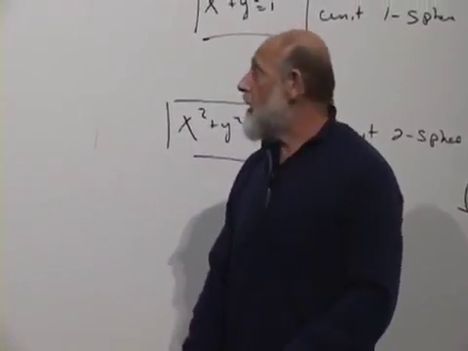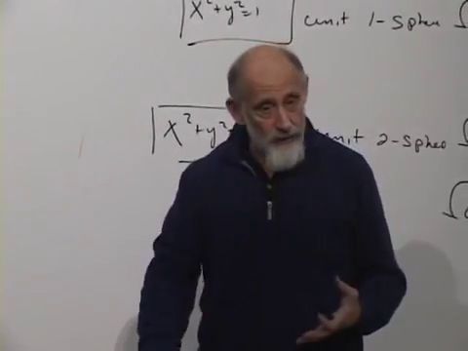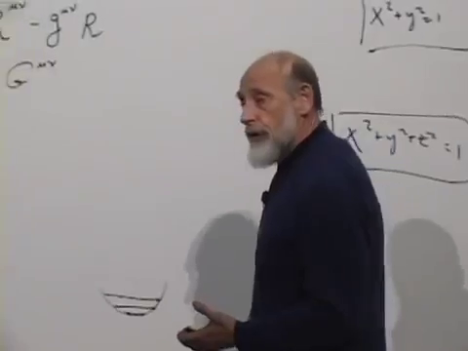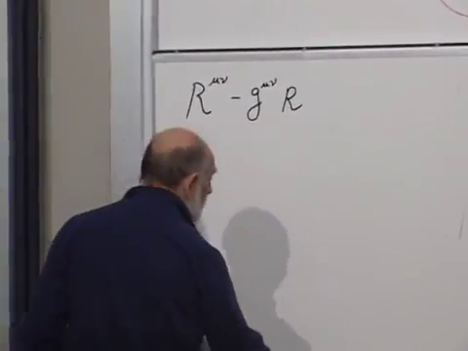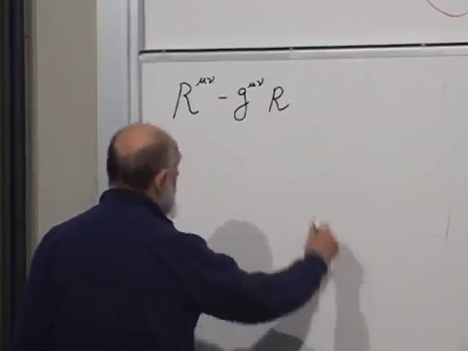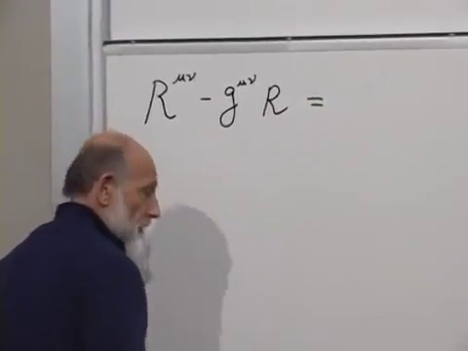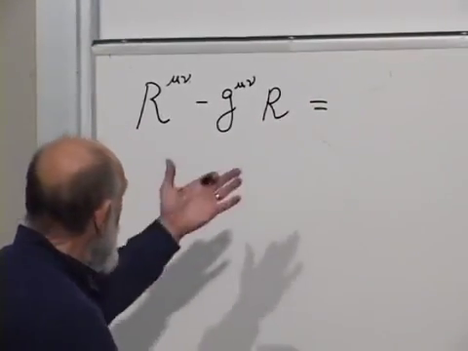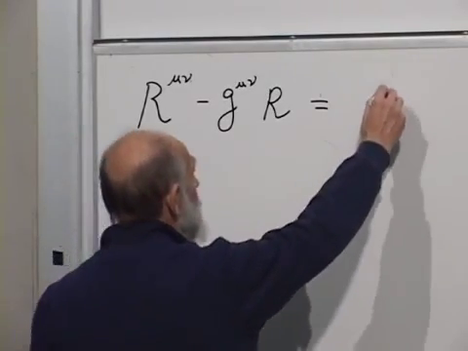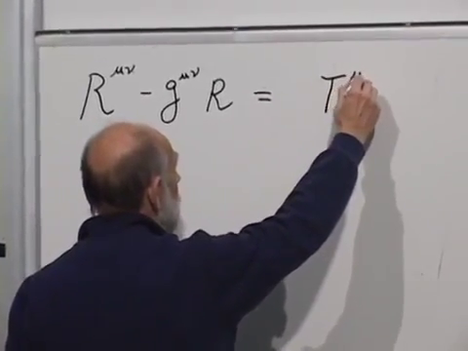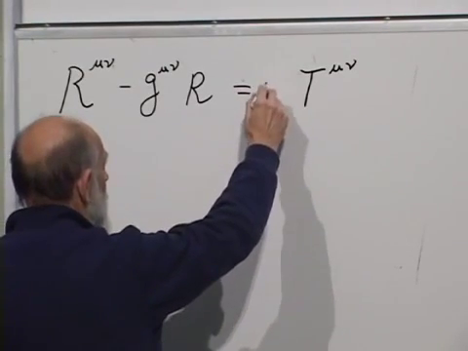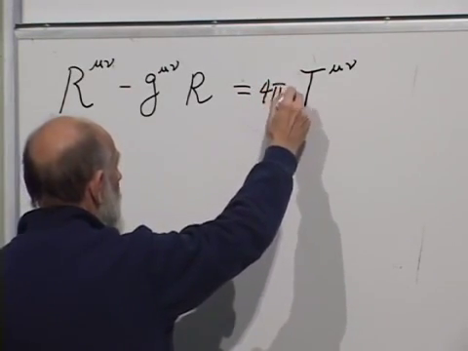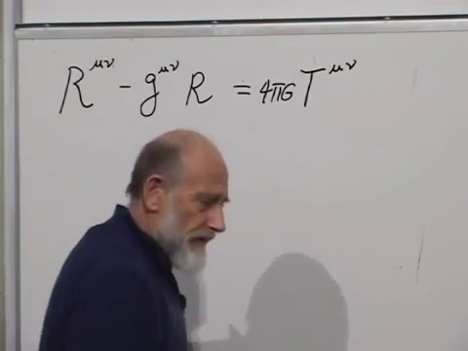The right-hand side is the sources of the gravitational field, and those were energy and momentum. The energy momentum was summarized in terms of another tensor called the energy momentum tensor. So on the right-hand side, we have the energy momentum tensor T mu nu, and I think there is a 4 pi Newton's constant there, if I remember.